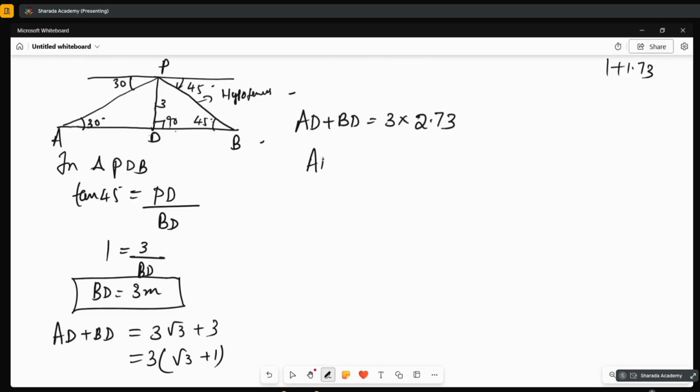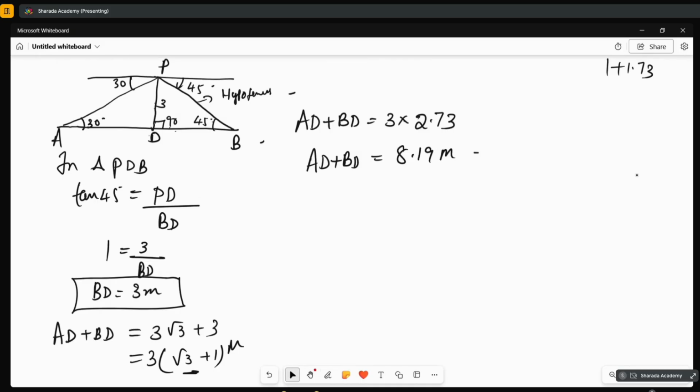Depending on the time you have, at the end if you have time, you calculate. Otherwise, leave it at this much. Okay, so write the conclusion part.